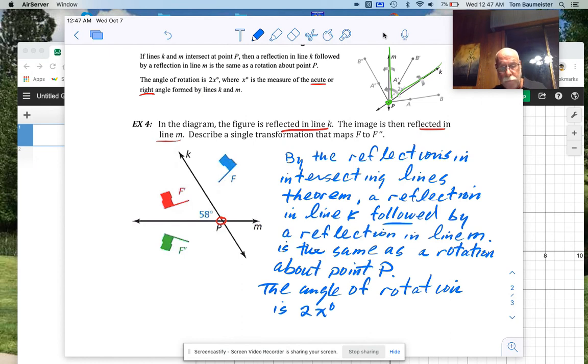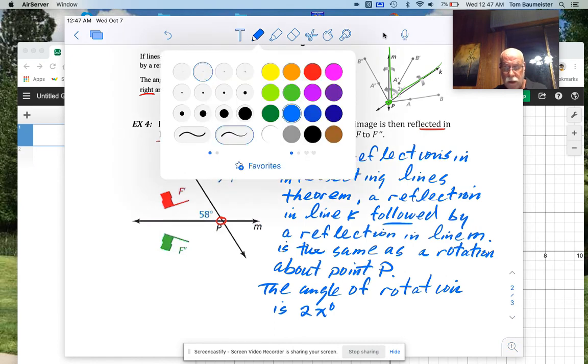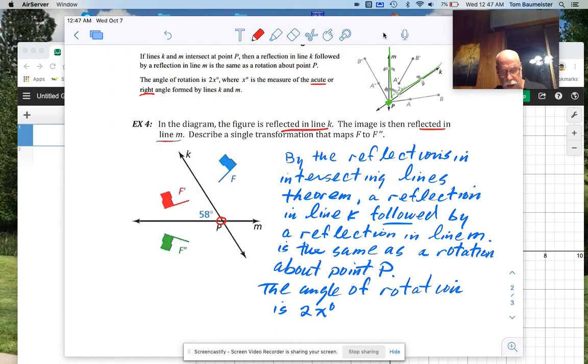So now they gave us 58 degrees. If you want to think about it, this whole thing is a straight angle, right? So this one here would be 122 degrees. But which angle did they tell us to take? They told us to take the acute angle.